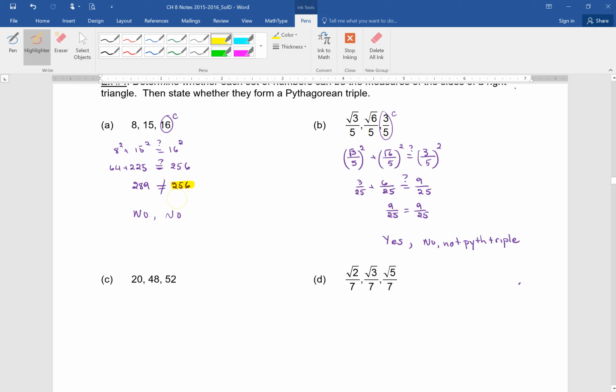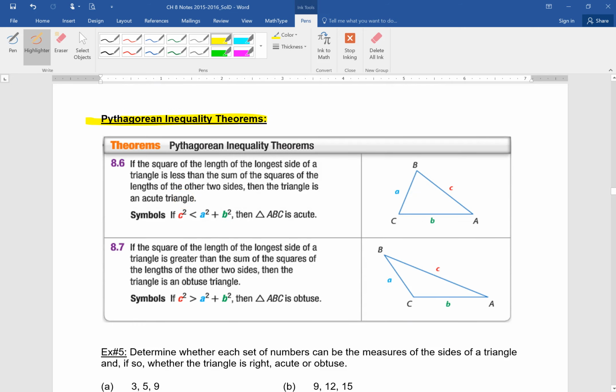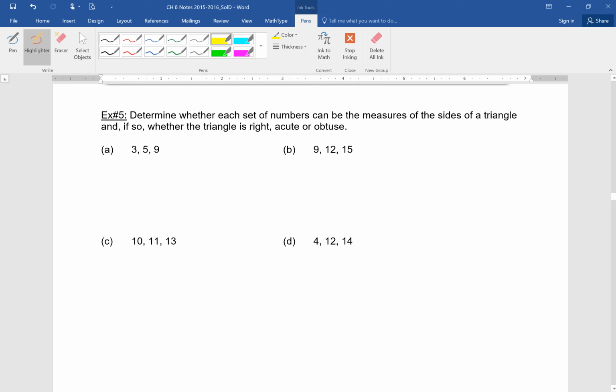And if c squared was bigger than a squared plus b squared, it would be an obtuse triangle. So we write c squared first, then a squared plus b squared. If c squared is less, then it's acute. If c squared is greater, then it's obtuse. So let's do this one. This is c.